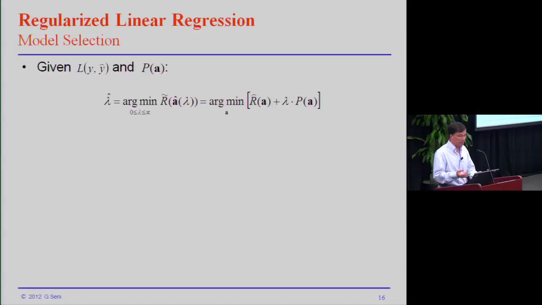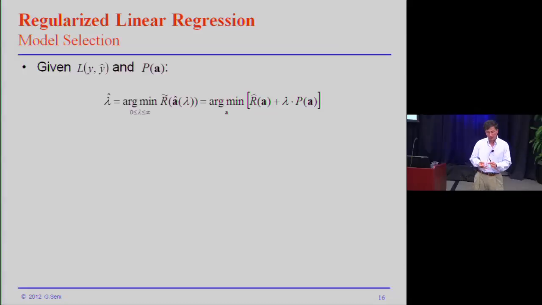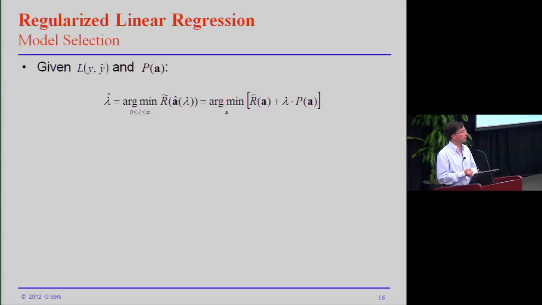Now, given a particular loss, like a squared error loss, and a particular penalty, and I'll be showing examples of penalties later on, the problem of finding the optimal value of lambda, where that red line was in the previous image, is a typical model selection problem, right? So we are finding the value of lambda that minimizes our augmented risk.